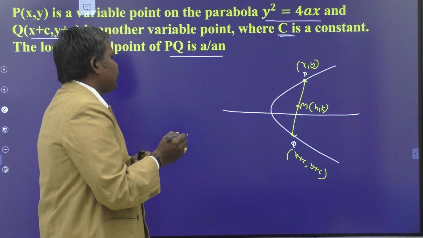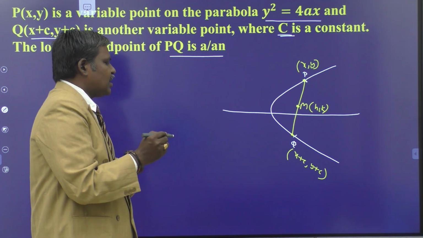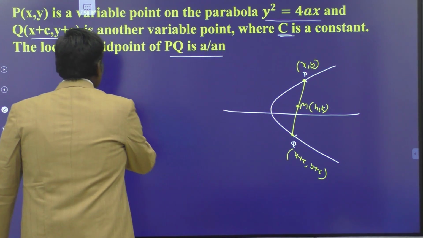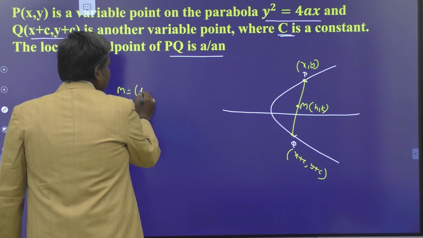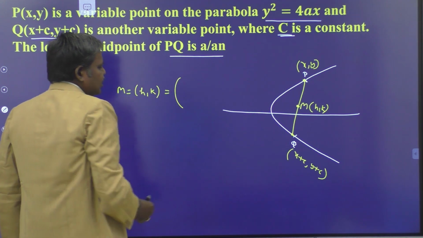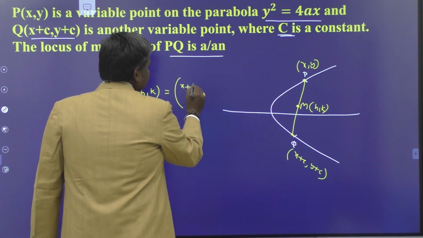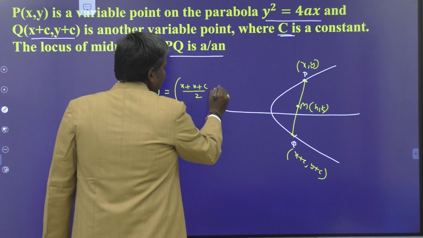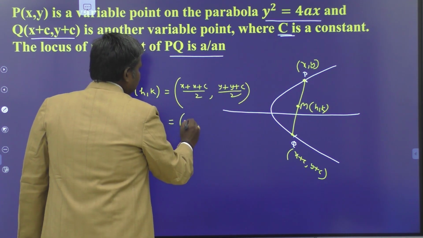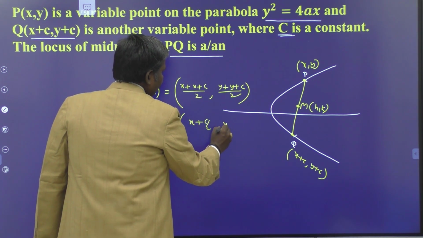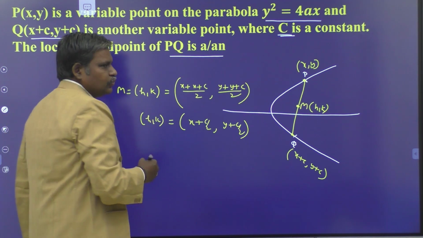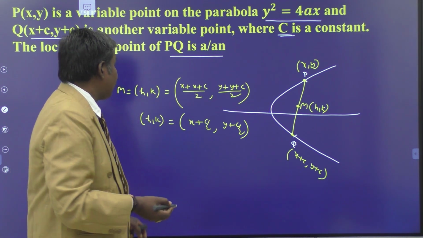So M, the midpoint of PQ, is equal to h comma k, which equals the midpoint: (x plus x plus c) by 2 comma (y plus y plus c) by 2. This is h comma k. We have to find some relation in x, y, h, k.